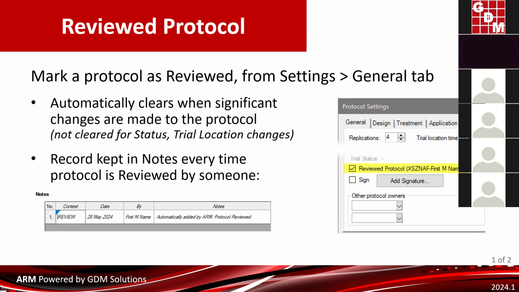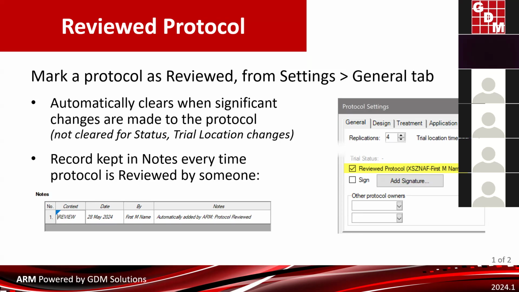And if any changes to that file occur after it's been marked as reviewed, the check mark gets cleared. So you can use it two different ways, of course, just having a file flagged that I myself have reviewed and everything looks good. That's one approach.